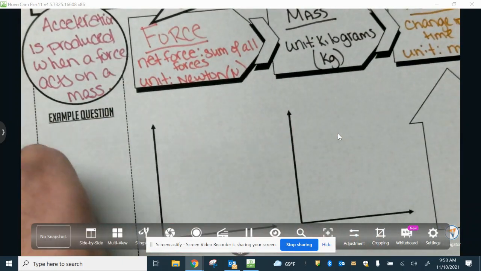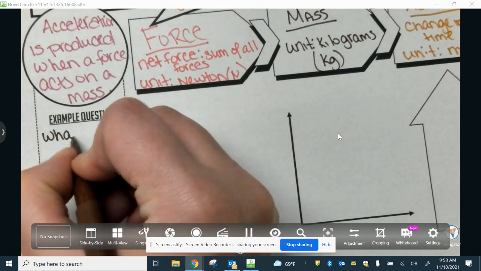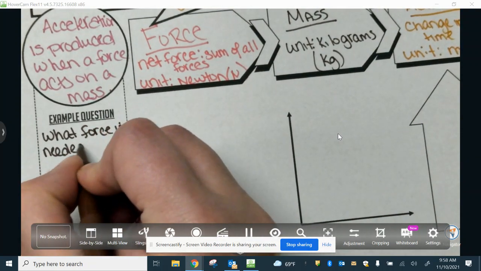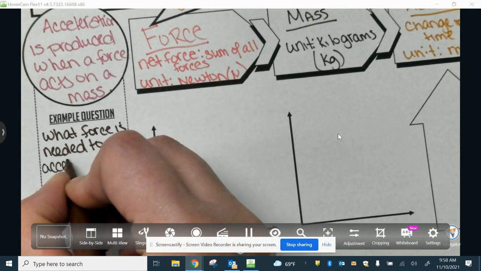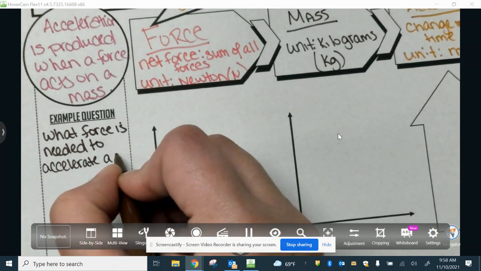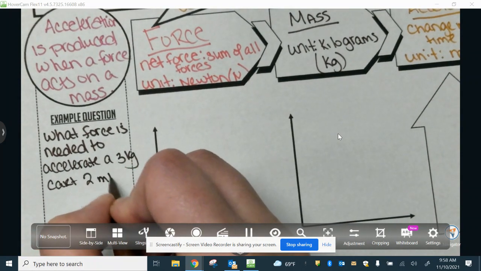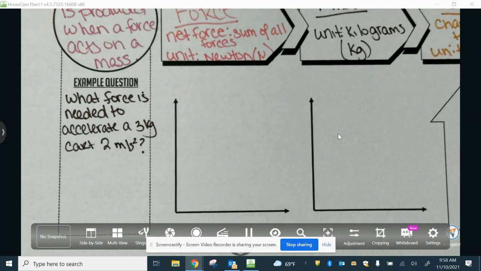All right, so an example. What force is needed to accelerate a 3 kilogram cart 2 meters per second squared? So I want it to accelerate at 2 meters per second squared, and it's 3 kilograms.